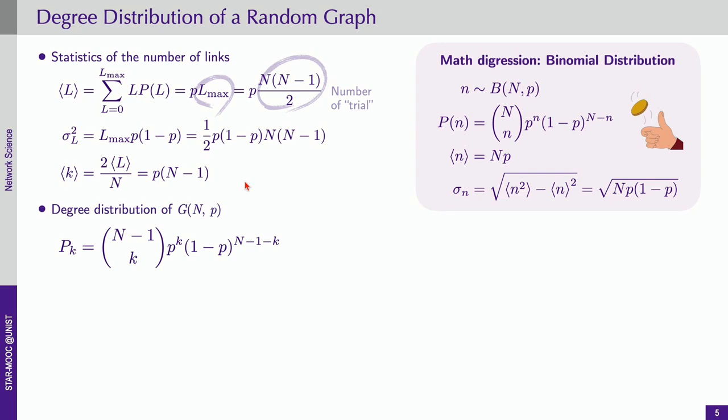In the same way as we derived P(L), we can write down the exact probability distribution that an individual vertex has degree k, which is again the binomial distribution.